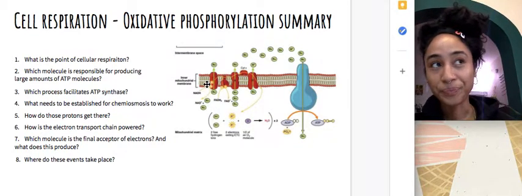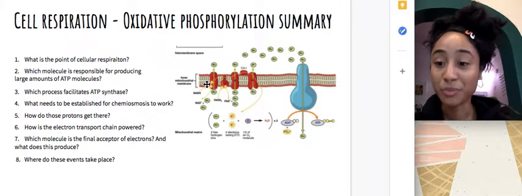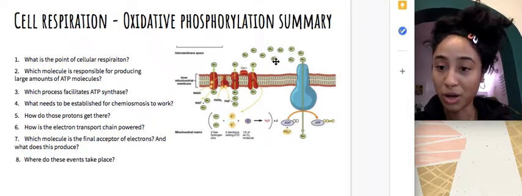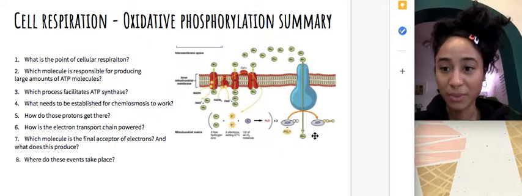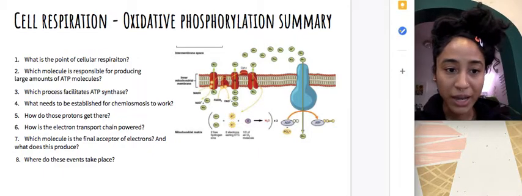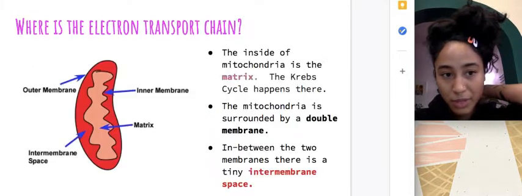The proton gradient, or the high concentration of protons, is going to be in the inner membrane space between the two mitochondrial membranes, and ATP is going to be produced in the matrix of the mitochondria. If you just need a diagram for orientation of where we are, I'm going to show you this picture.